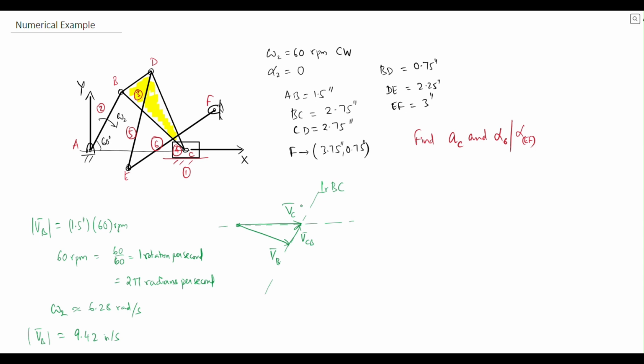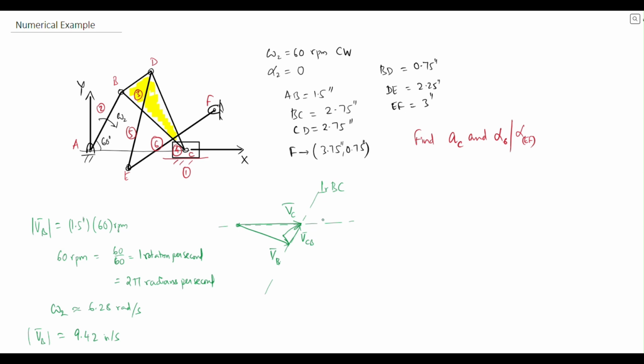The next thing we can do is consider the velocity of B with respect to C, and then because this rigid body BCD has to have similar velocities, we can draw a triangle. We can identify this point D such that we can draw a triangle which is similar to BCD.